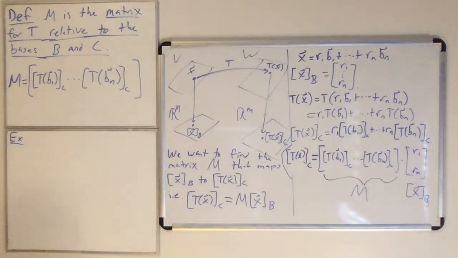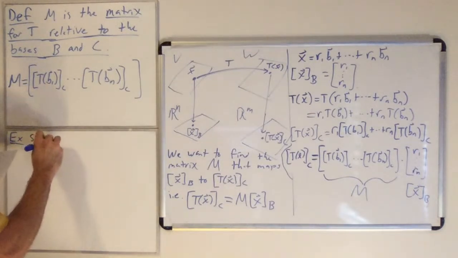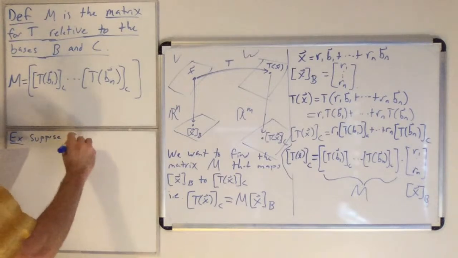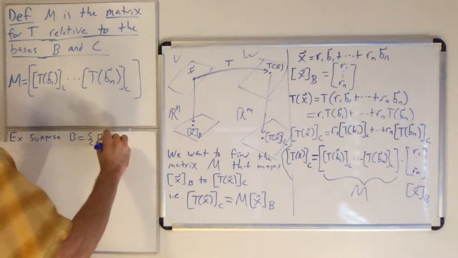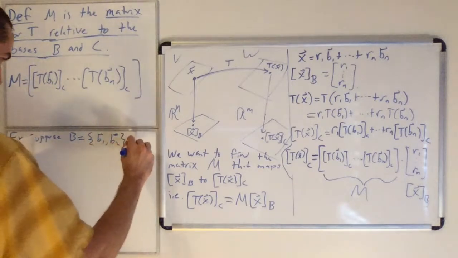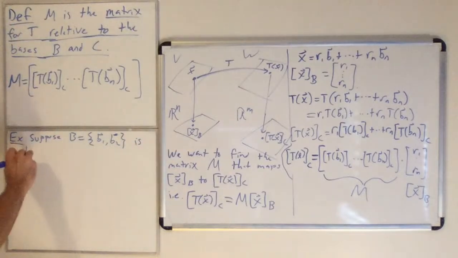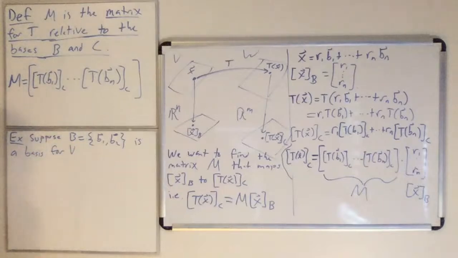Okay, so suppose B is the basis B1, B2 for V. So we don't know what this vector space is. We just know it's a vector space.